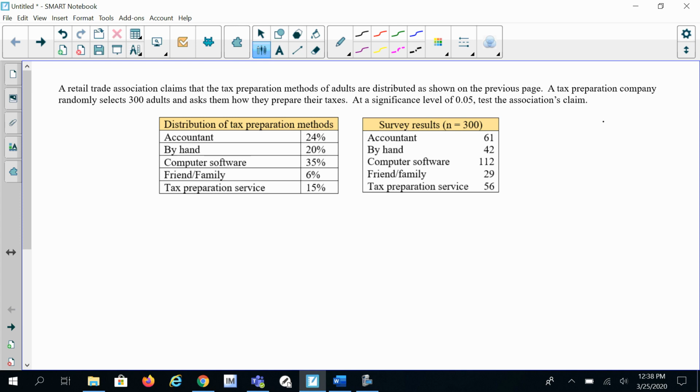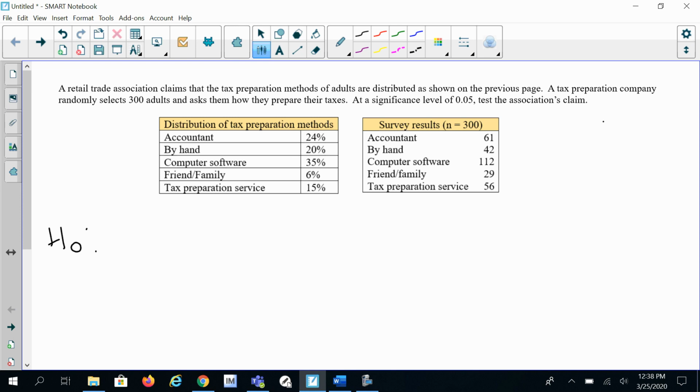So for this specific example, our null hypothesis is going to be that. So we always want to read the problem. Essentially what we're going to write is that whatever the problem is about matches the given distribution. So when we read through the problem, the question is talking about tax preparation methods for adults.